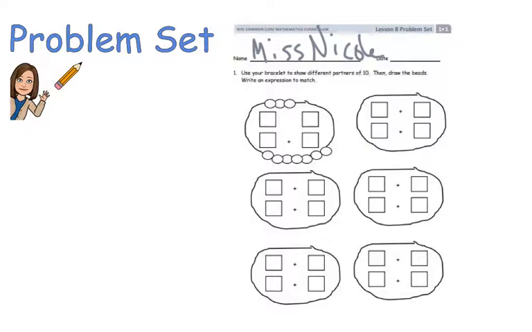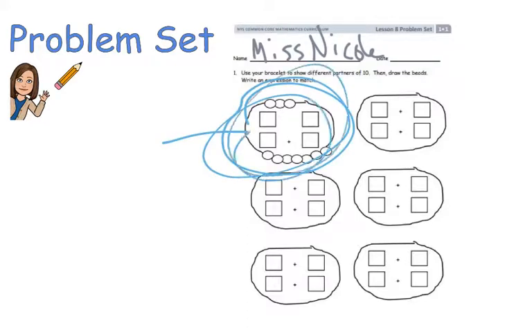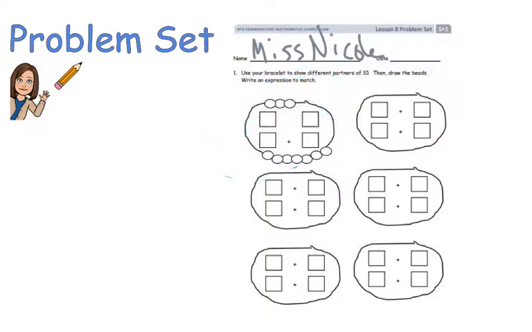So let's look at the first one that already has some beads on it for us, this one right here. So what I want you to do is to take out your blue crayon and a yellow crayon. Okay, so now, do you see these beads at the top?